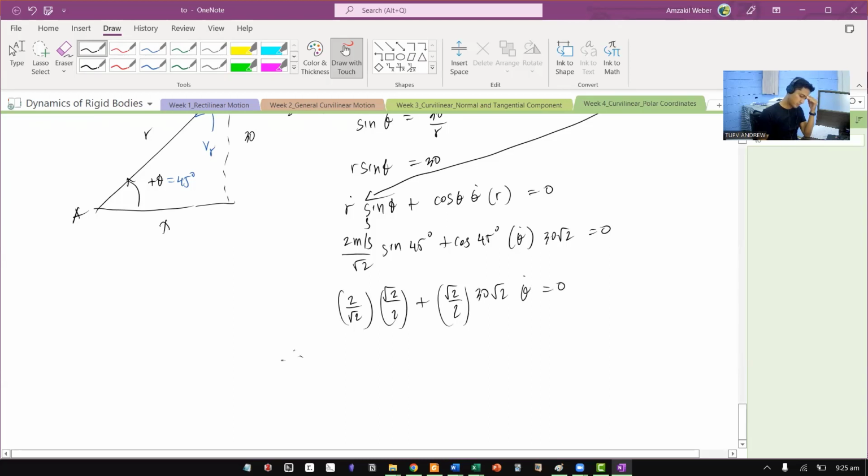Therefore, our theta dot equals 1 over 30 radian per second, or negative 0.01.